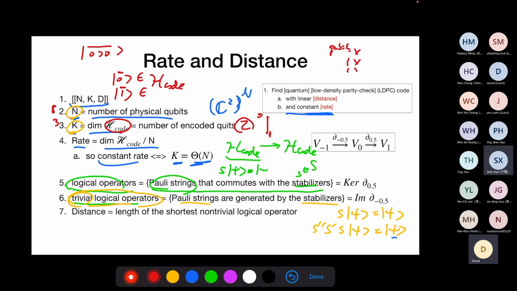It's the same thing here. Say I want to apply Z on two sites. Then the way I can measure it is, I have to remind myself, you can do some control Z and then do another control Z. Let's see if that will work.